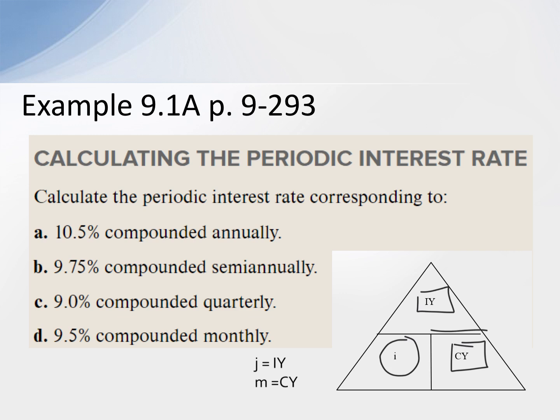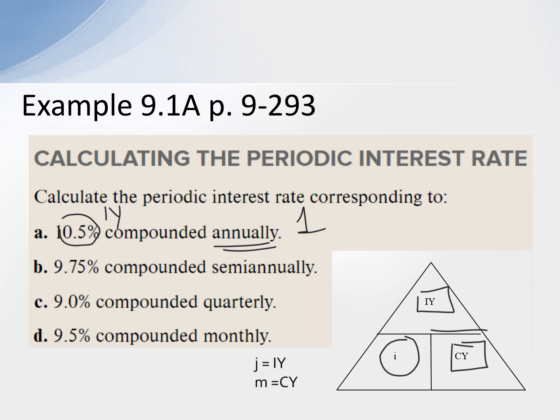So here's the first question. It says calculate the periodic interest rate corresponding to 10.5% compounded annually. So this 10.5%, that would be your IY, and you're compounding annually, which means one time per year. So our periodic interest rate in this case would be 10.5%, or 10.5 divided by 1.